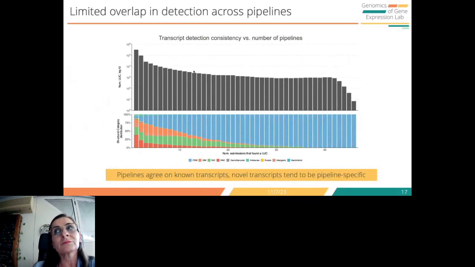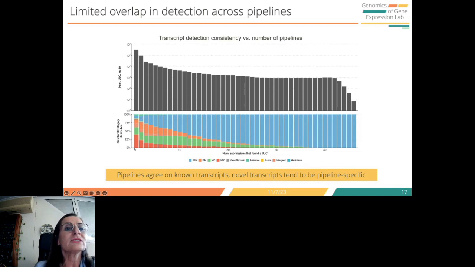Another thing that we evaluated was the agreement between the different tools, methods and pipelines in the detection of transcript models.